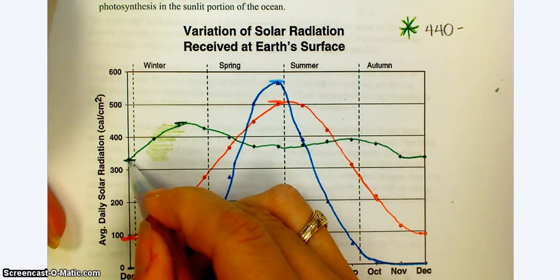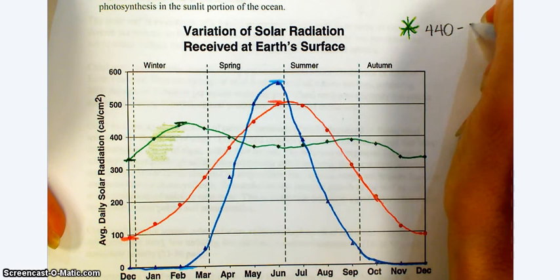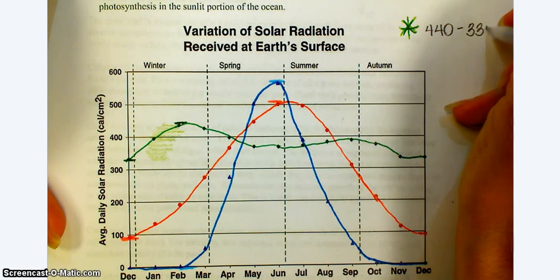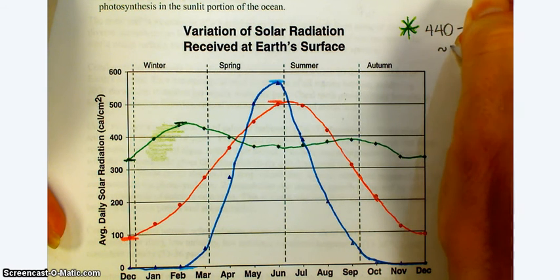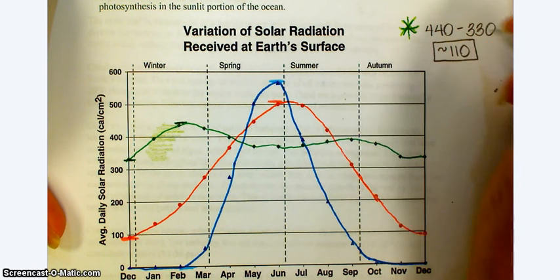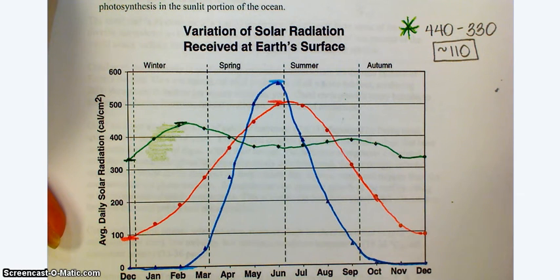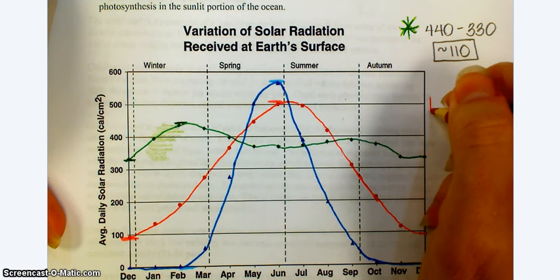And the smallest green value is about 330. So the range is going to be 440 minus 330, which is about 110. That little squiggly line means approximately. Okay. Then we're going to do the red.